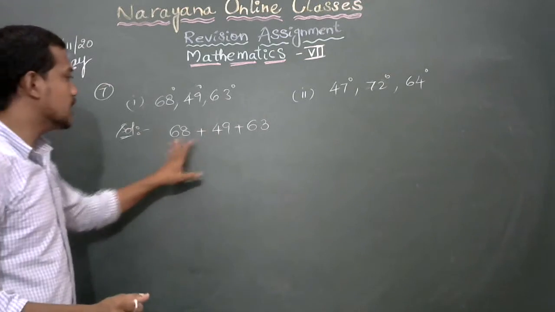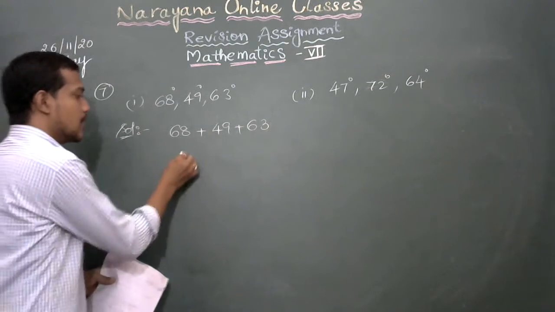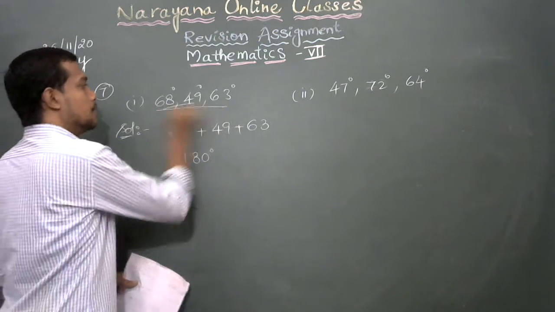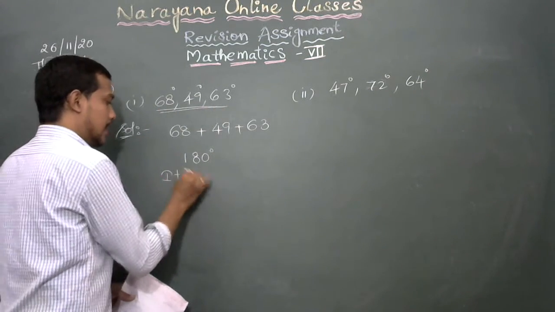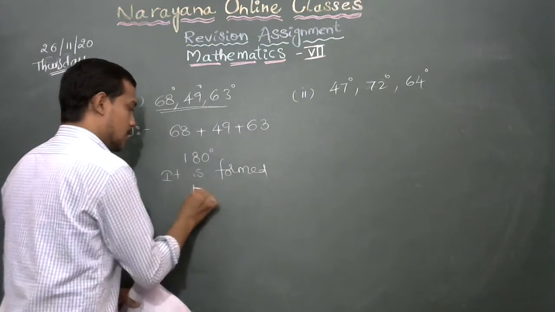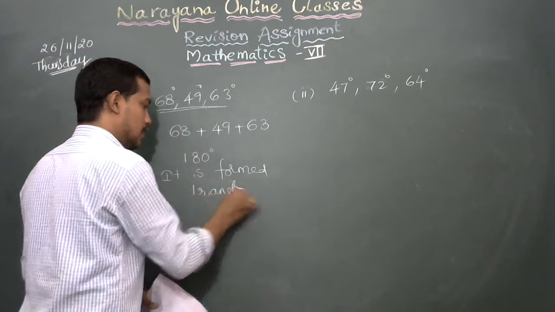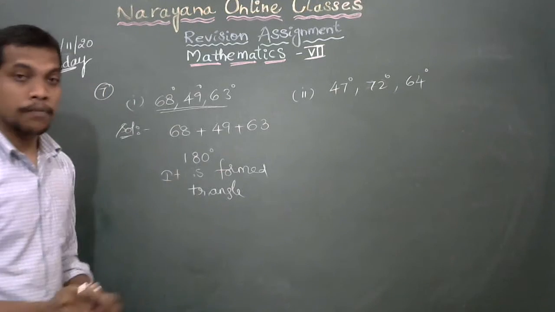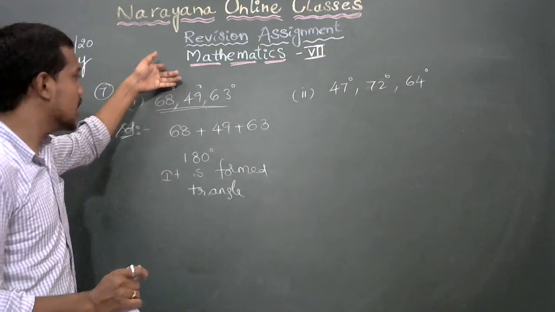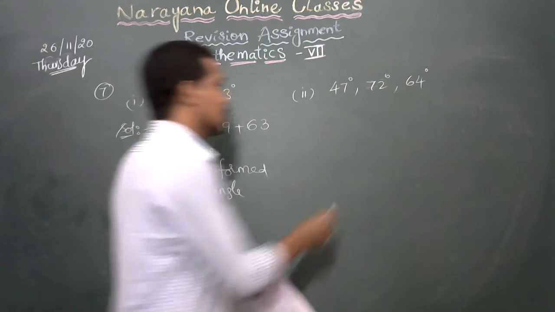If I add these three, it is equal to 180. So based on this, a triangle is formed. Whenever the angles are given in the question, this is the procedure.